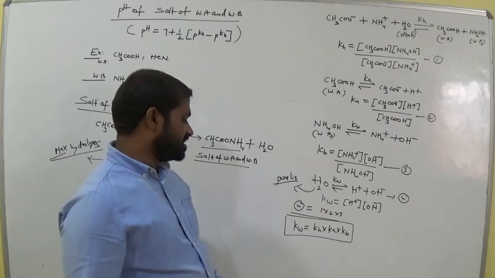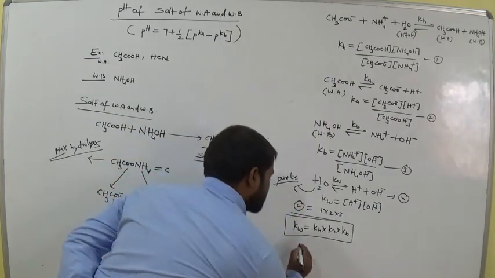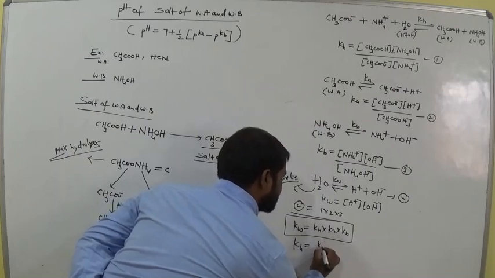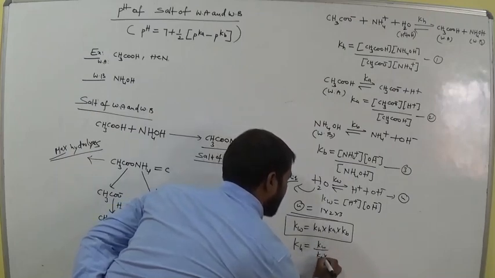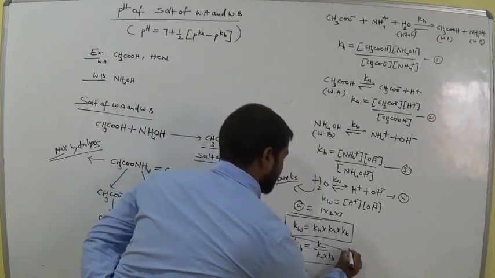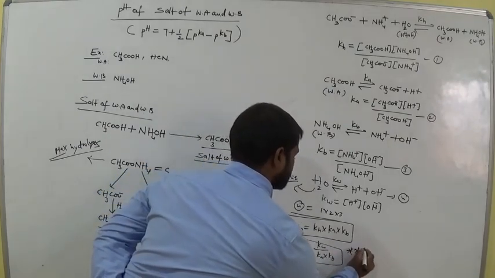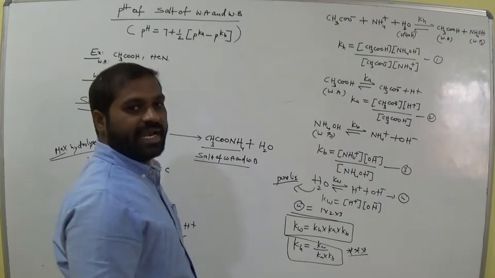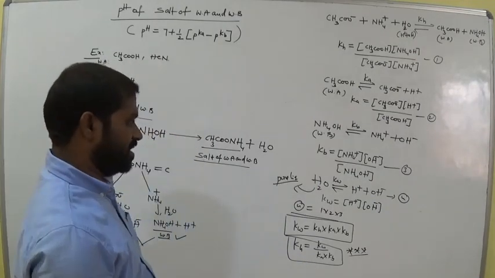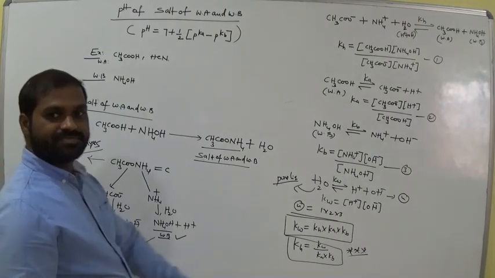If you check it, okay. Now this is the important formula. From this one, what is the value of Kh, ma? Kh equals Kw by Ka into Kb, am I right? Very, very important. Kh equals Kw by Ka into Kb. We need this expression. Okay, is it clear, all of you?